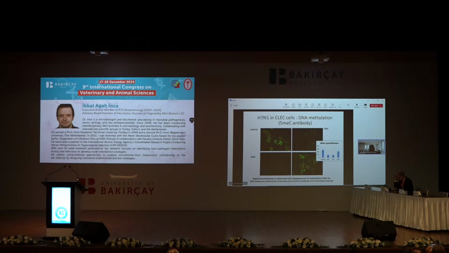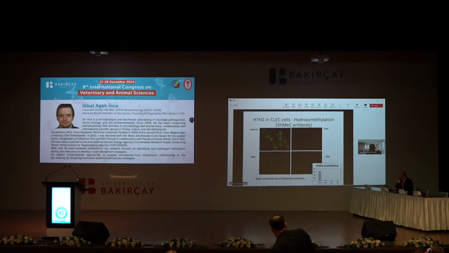We observe the opposite: 5-methylcytosine quantification changes rapidly down, and afterwards even more in the hydroxymethyl case.